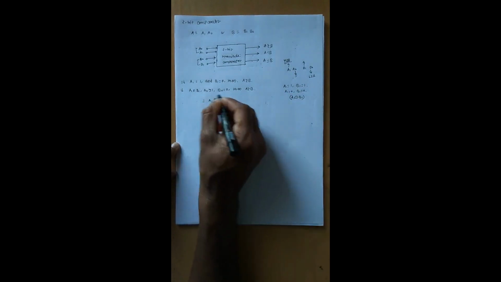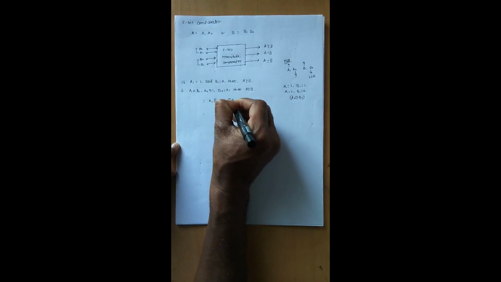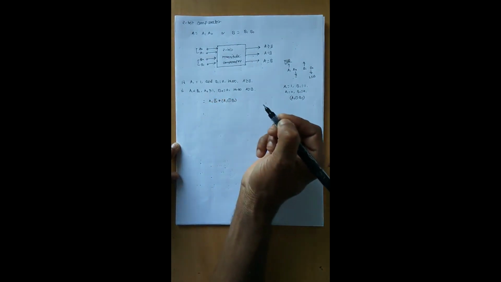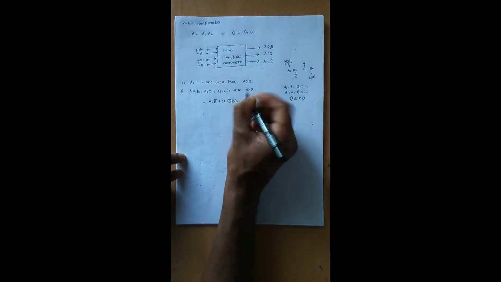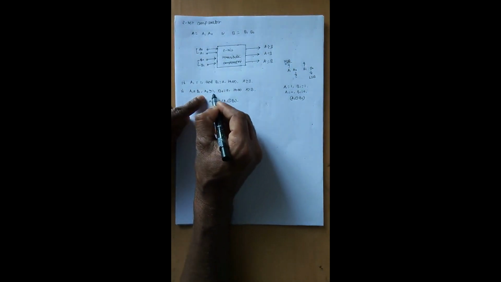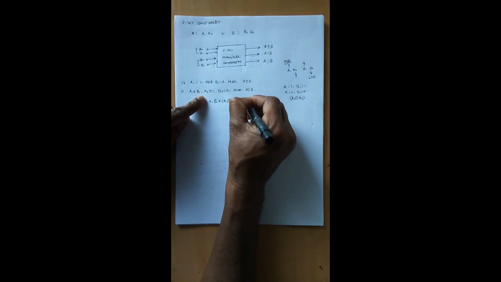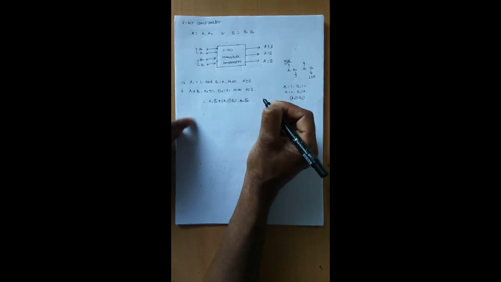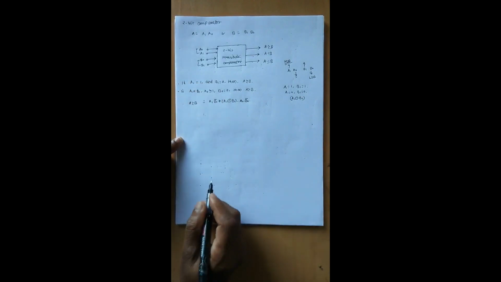So for the second condition, we can apply the equation A1 XNOR B1 into, for this condition, A0 is 1 and B0 is 0, so A0 into B0 complement. So this will be the equation of A is greater than B by considering these 2 cases.